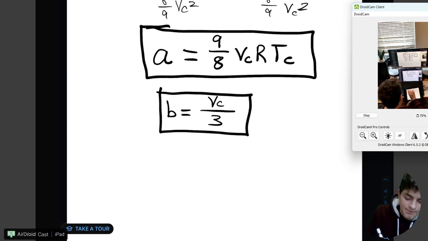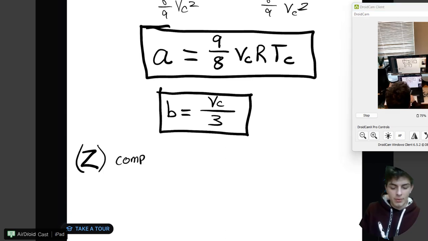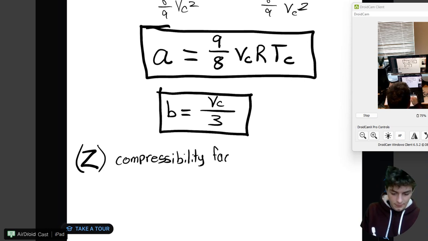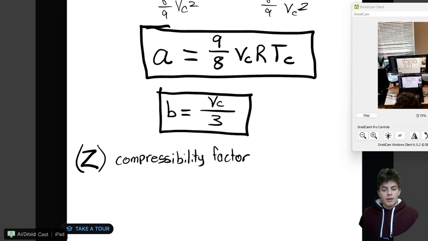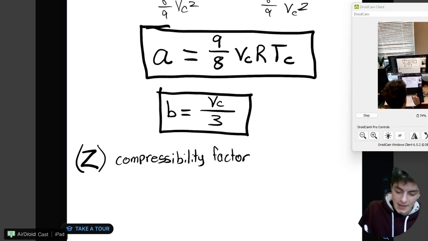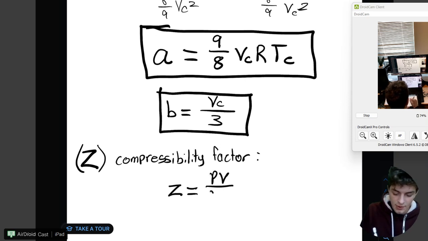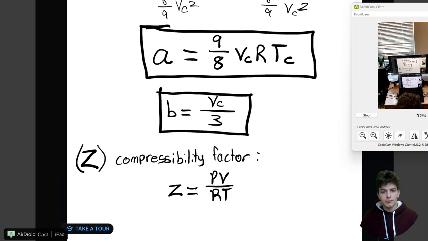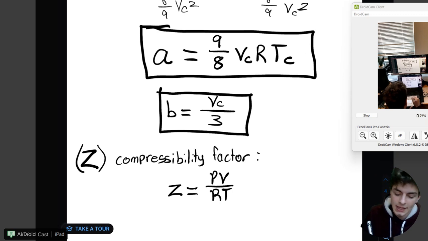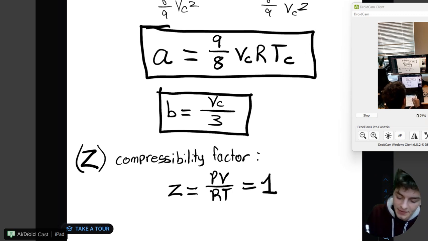So the compressibility factor, we're going to denote that as Z. And let's define that as Z being equal to PV over RT. Now, we know that for an ideal gas, we have already defined the compressibility factor as 1. This is for an ideal gas.